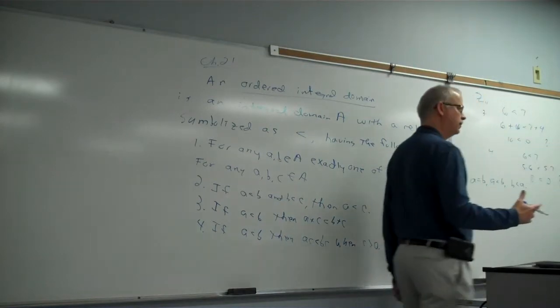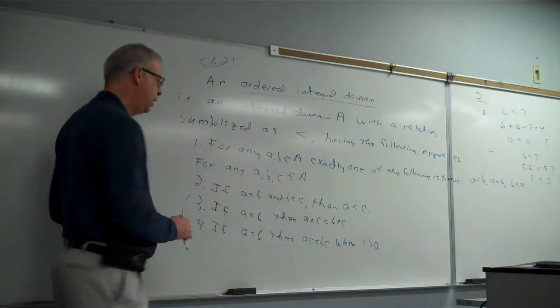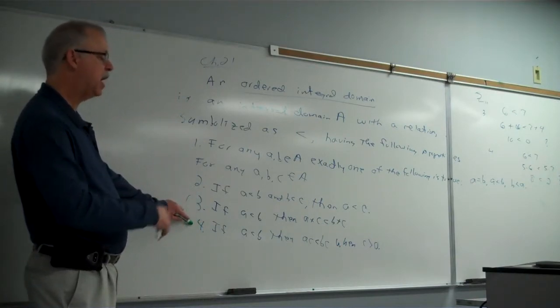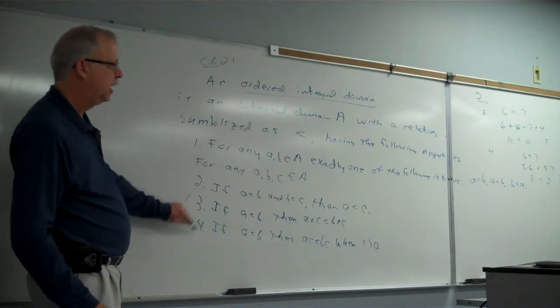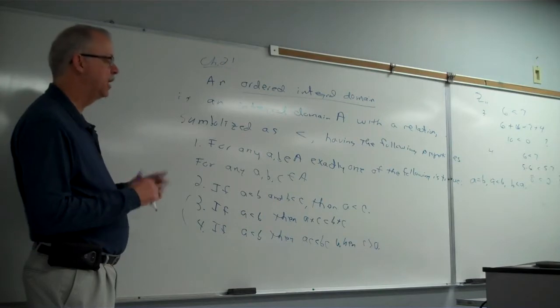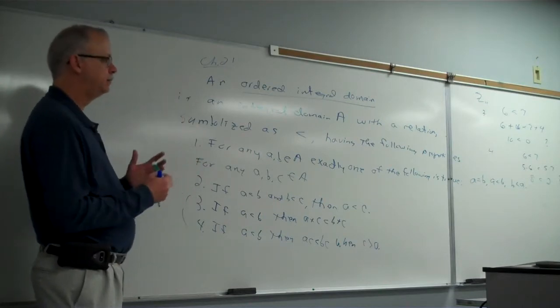That's a problem. So we have some issues here with adding the same thing to both sides and multiplying the same positive number to both sides, in terms of trying to put together an order for Z11.